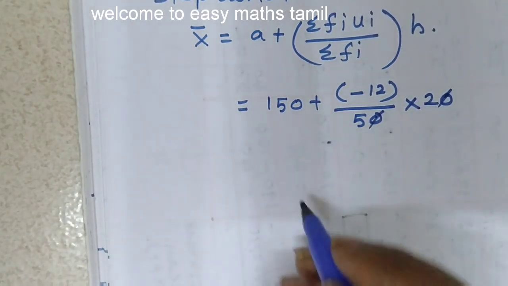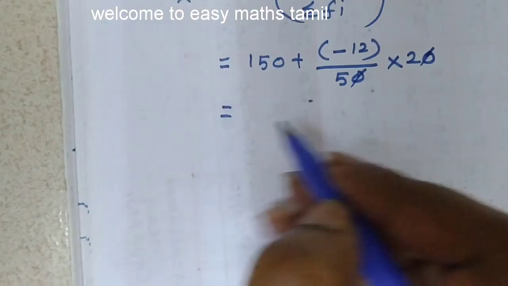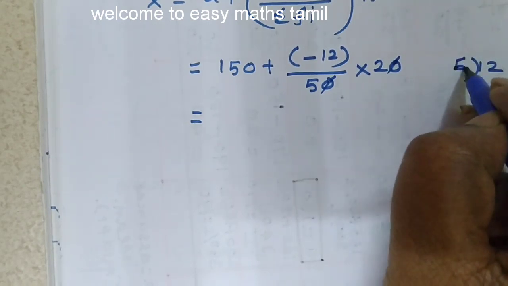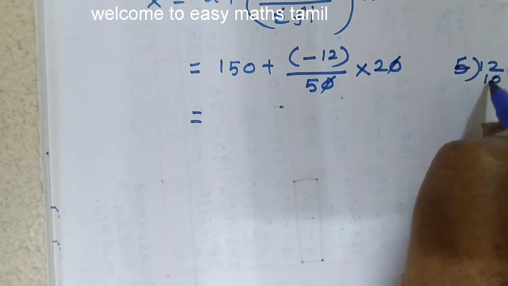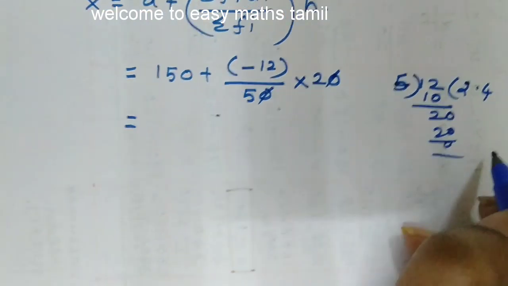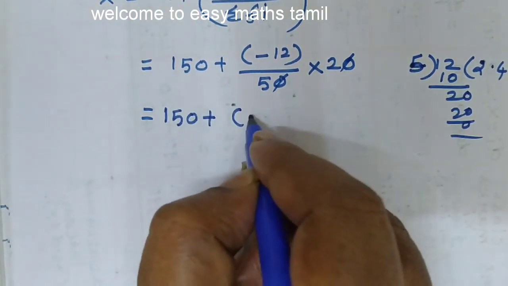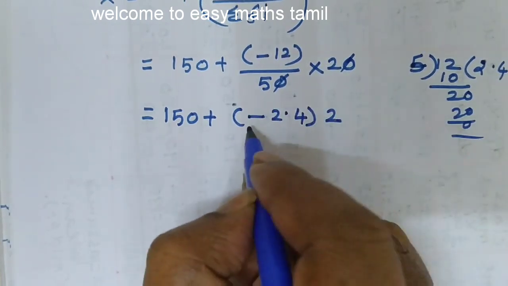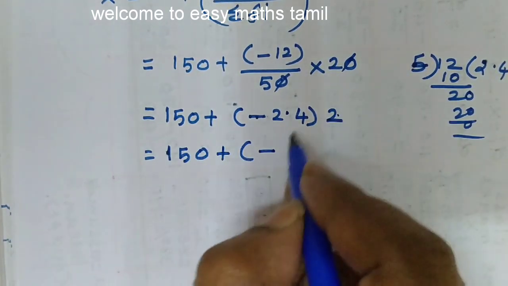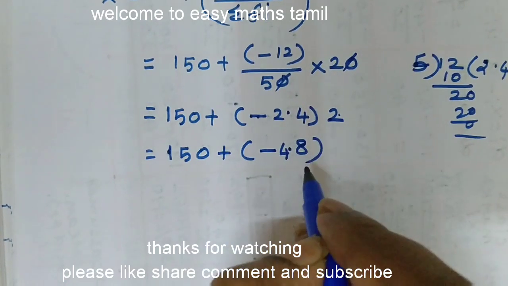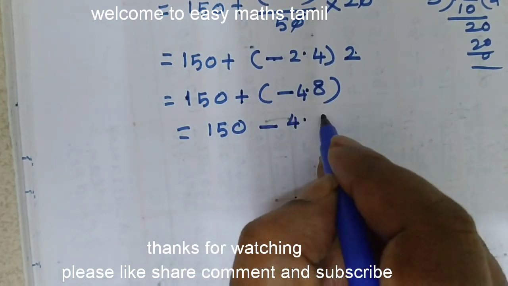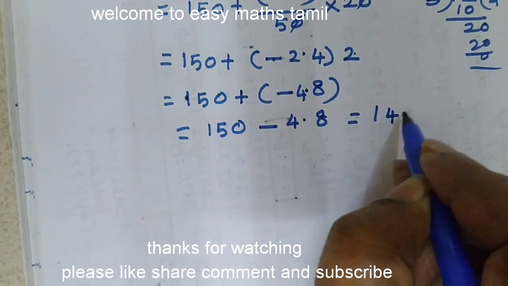The zeros cancel. 150 plus minus 2.4 into 2, 150 plus minus 4.8, 150 minus 4.8 is 145.20.